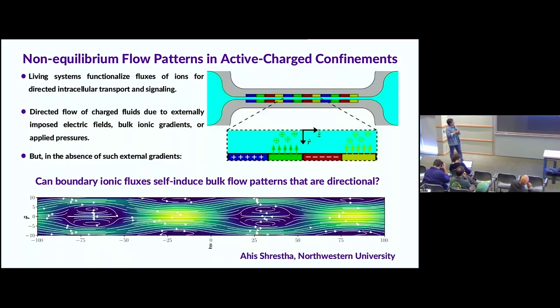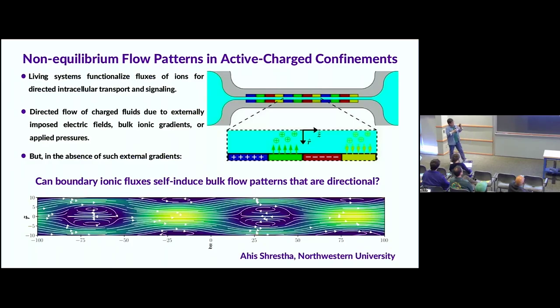And the question is, can directed flow of charged fluids, for example simple electrolytes, be achieved through a boundary mechanism? So it's been known you can induce bulk flows from applied external electric fields and through bulk ionic gradients and also applied pressures.